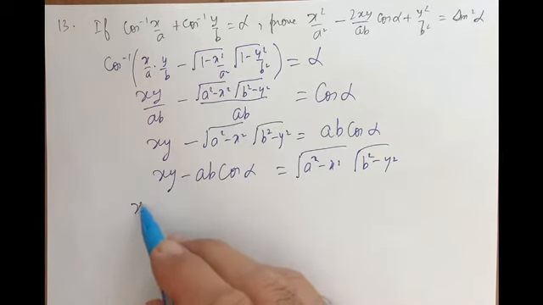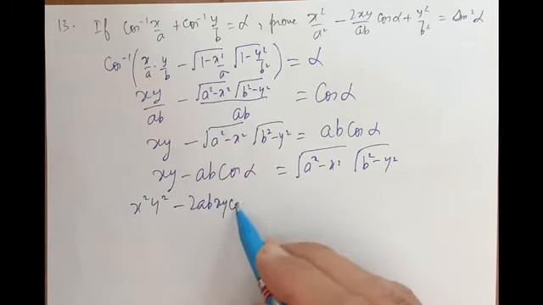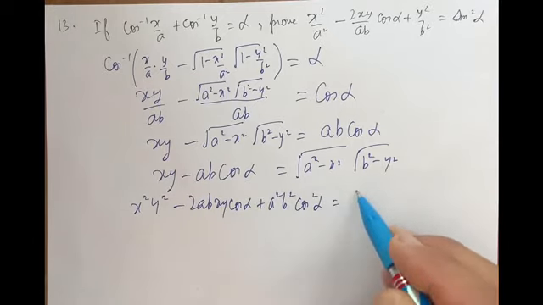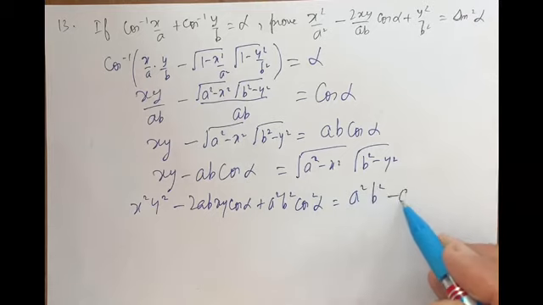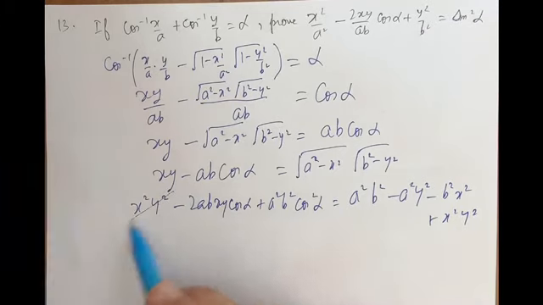Now squaring both sides, this is minus 2ab xy cos of alpha plus a square b square cos square of alpha. This is a square b square minus a square y square minus b square x square plus x square y square. X square y square will cancel out.